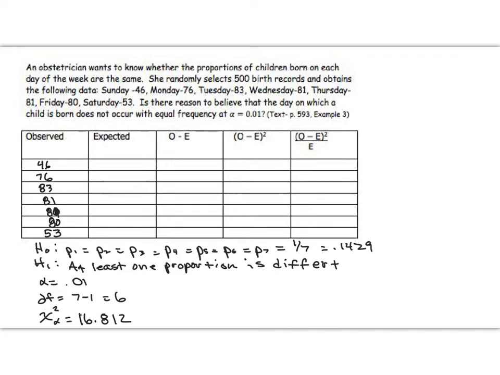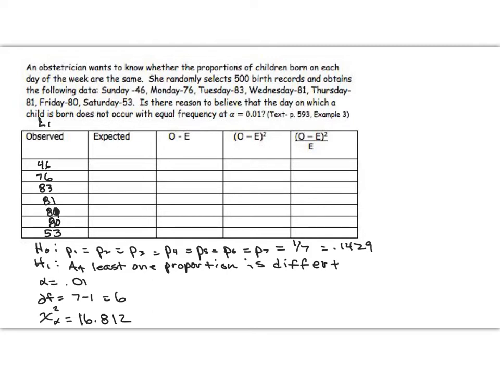Since we have this table with all this math on it, it would be really nice if the calculator would do some of this grunt work for us. So if we put our observed values in list 1, then we can use the list to do the math.